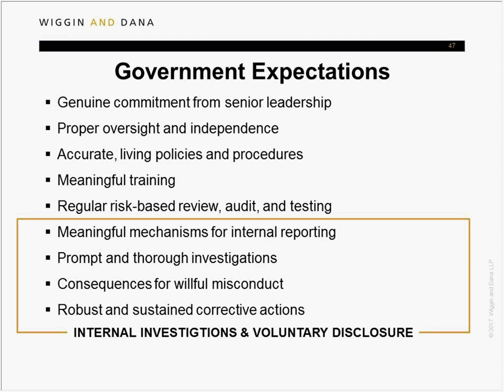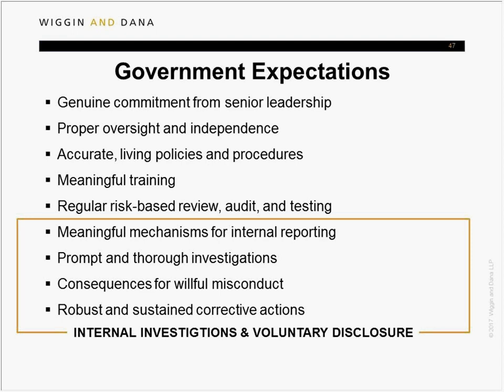But as part of that, the government expects that companies will have a mechanism for employees to report problems, to say, hey, I'm concerned that we did something wrong, so that that problem can get fixed and doesn't reoccur in the future. And in order for it to get fixed, the company needs to do an investigation. That needs to happen pretty close in time to the violation, before all the witnesses win the lottery and leave the company and go to live on a beach somewhere, and before all the documents disappear.